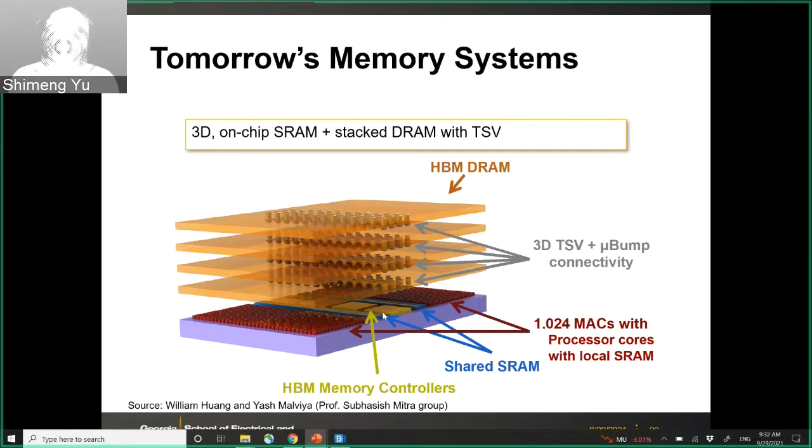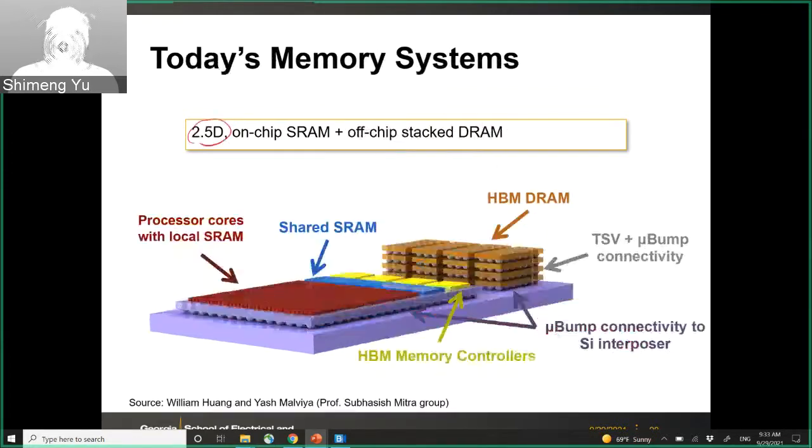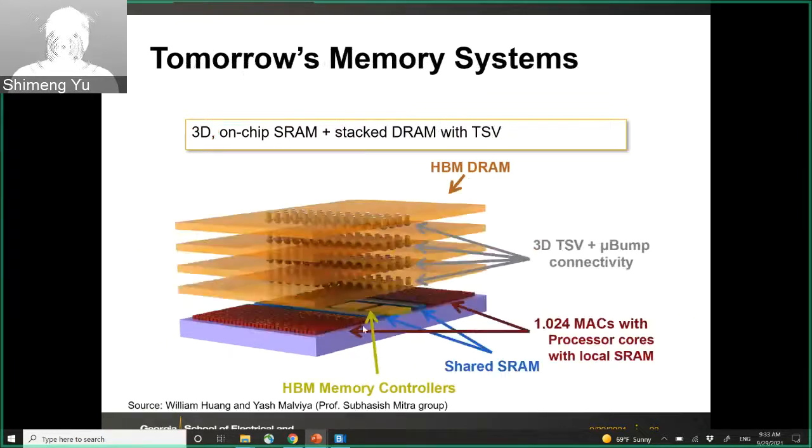Then the processor may become very hot. If you put the processor directly underneath the memory stack, this heat is difficult to dissipate, unlike this one, where you can have thermal conducting material covering the processor, so the heat can be dissipated easily. But if you hide the processor underneath the memory stack, then this heat may cause some troubles for the memory.